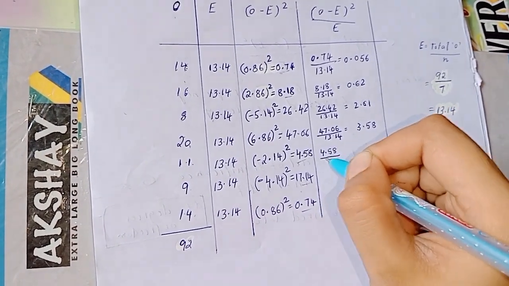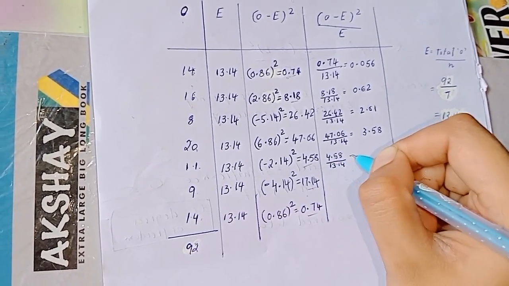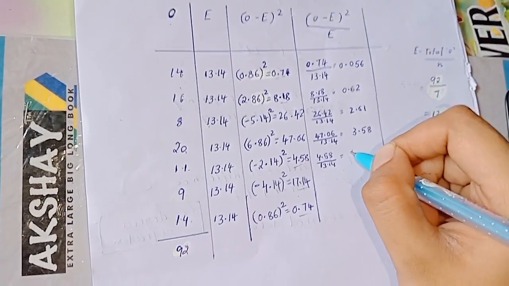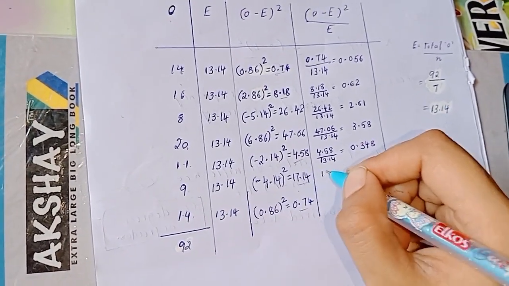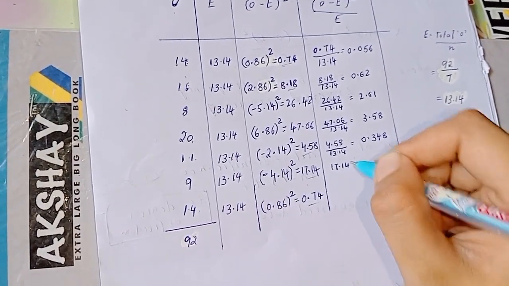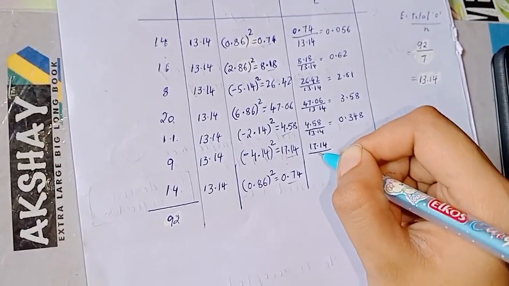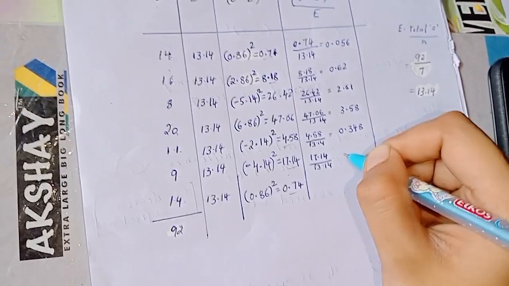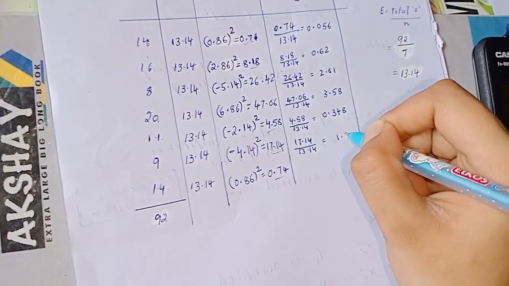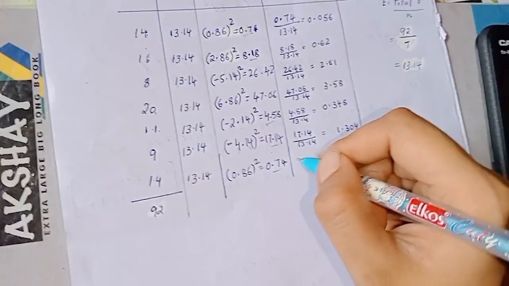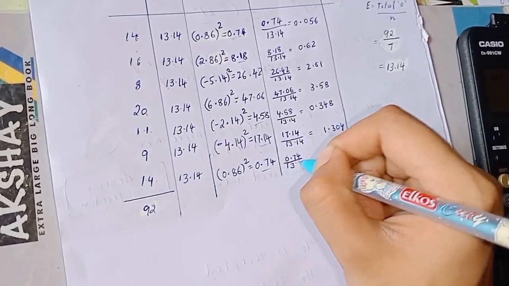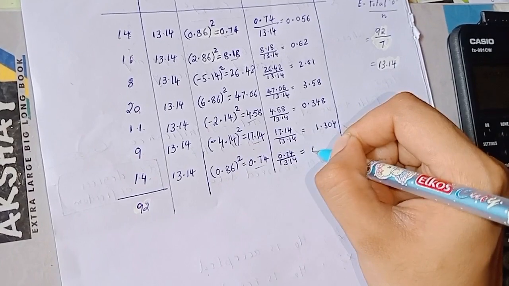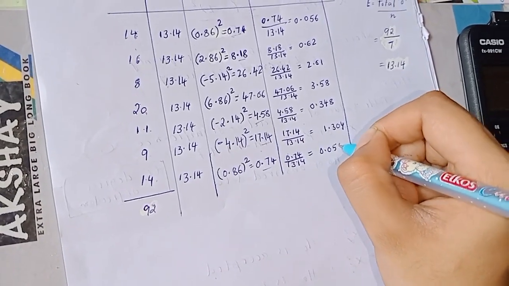4.58 by 13.14, we get 0.348. 17.14 by 13.14, we get 1.304. 0.74 by 13.14, we get 0.056.